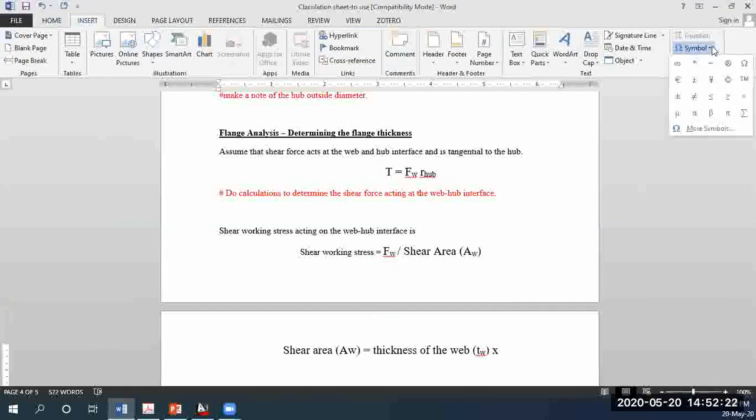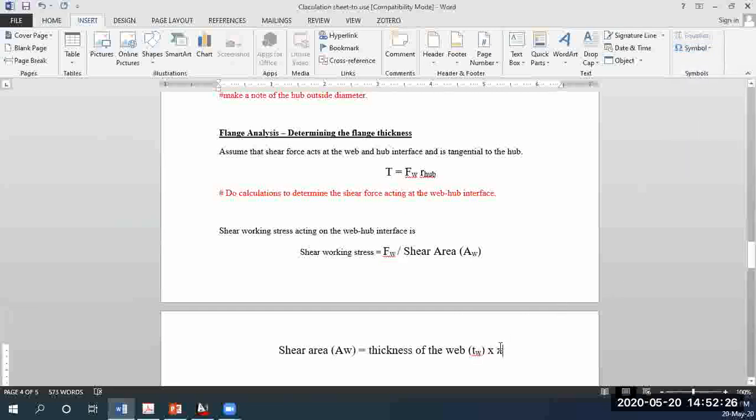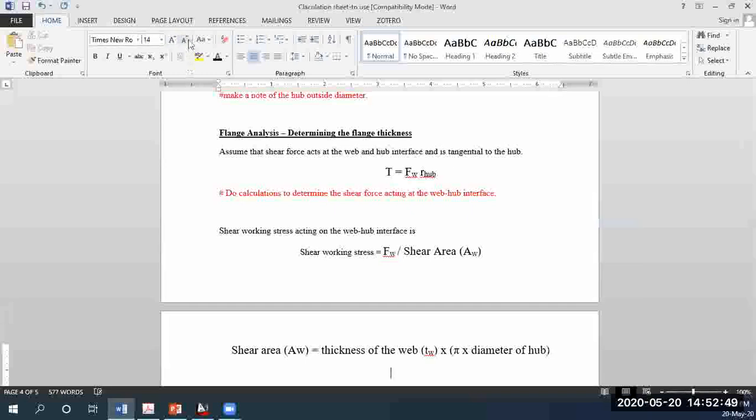In this case, I'll just put this in brackets: pi times diameter of the hub. Yes, diameter of hub. Okay, very good. Right, so again, I will make a note. I have given you all the details.